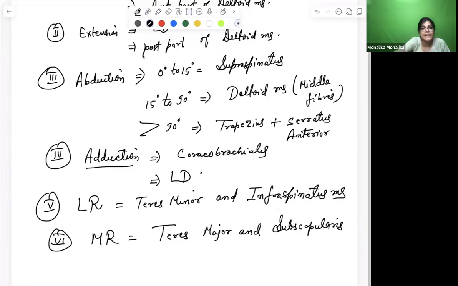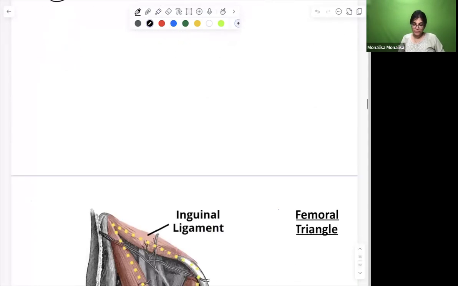Yes, Surya, teres major is causing medial rotation of the arm, and teres minor is causing lateral rotation. Okay, done.